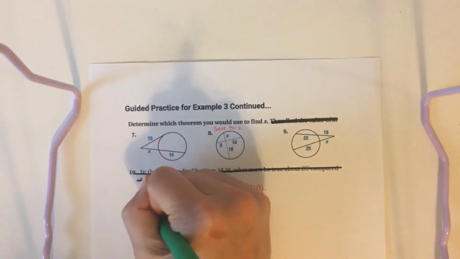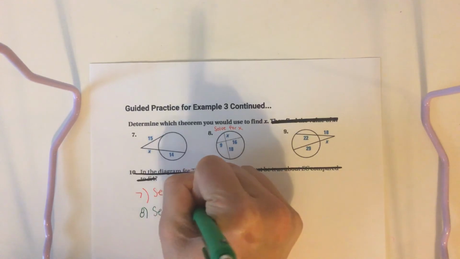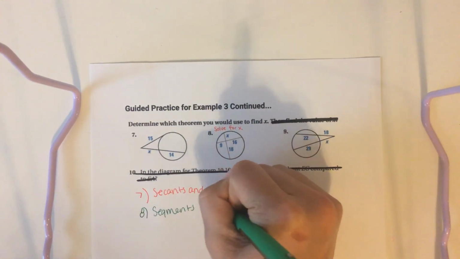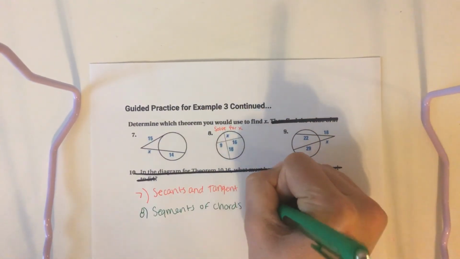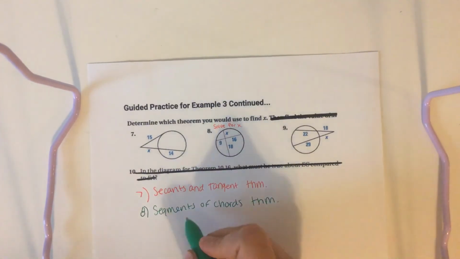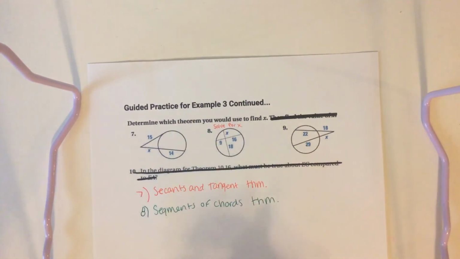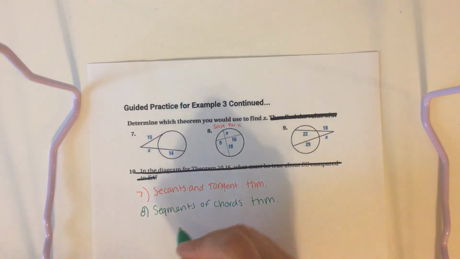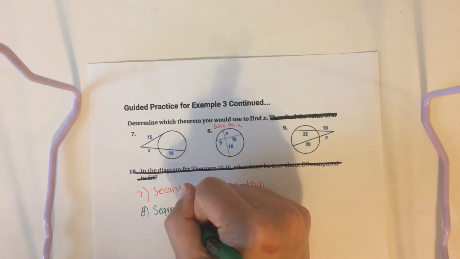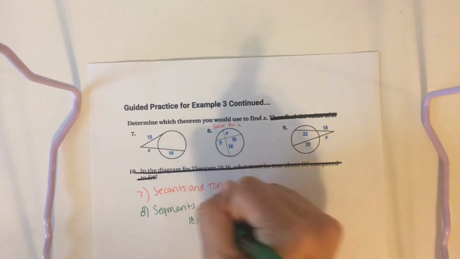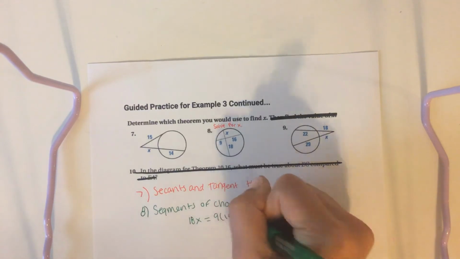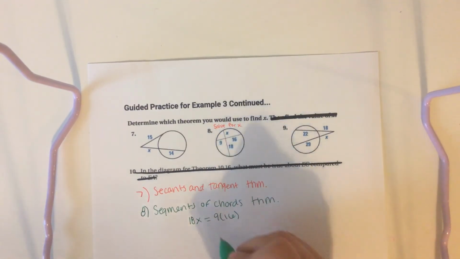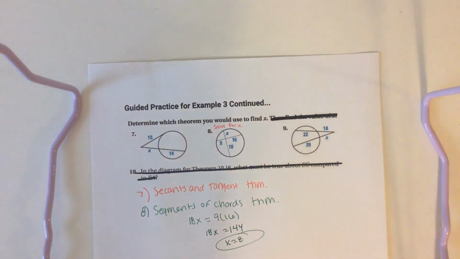So that's going to be our segments of chords theorem. And again, we know that that's going to be multiply the segments of the chords together, set it equal to the other. So we would do 18 times x equals 9 times 16 to get 18x equals 144. To get that x equals 8.